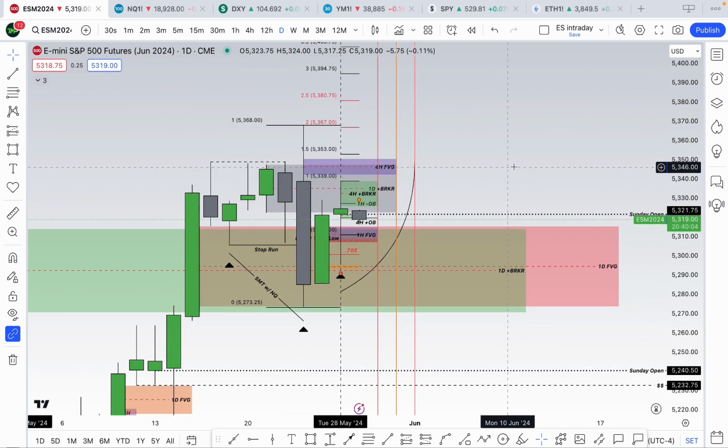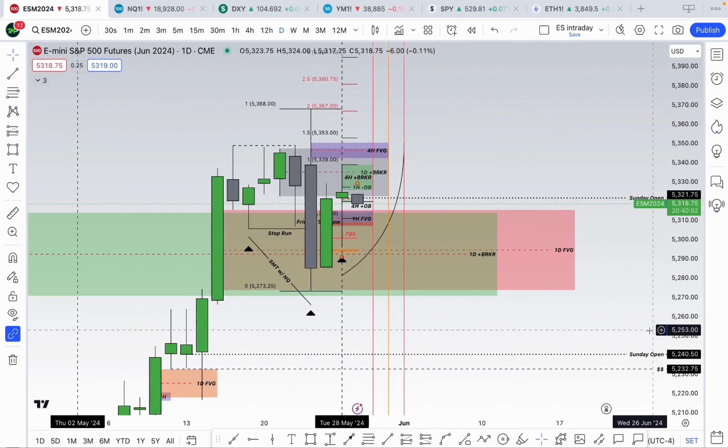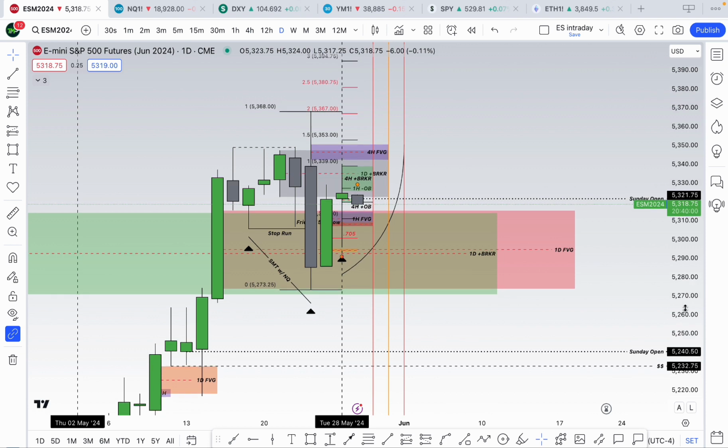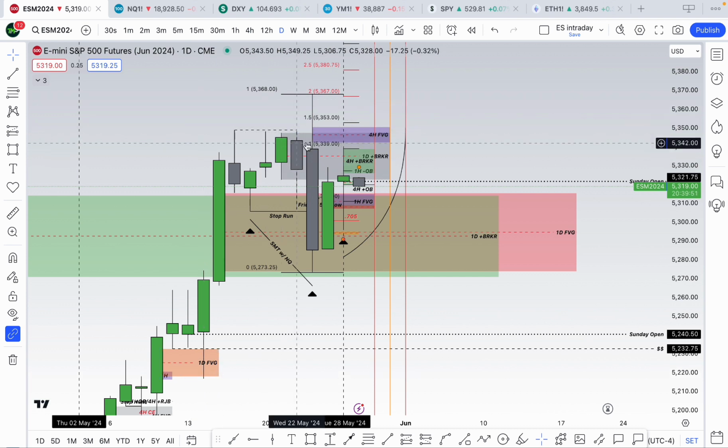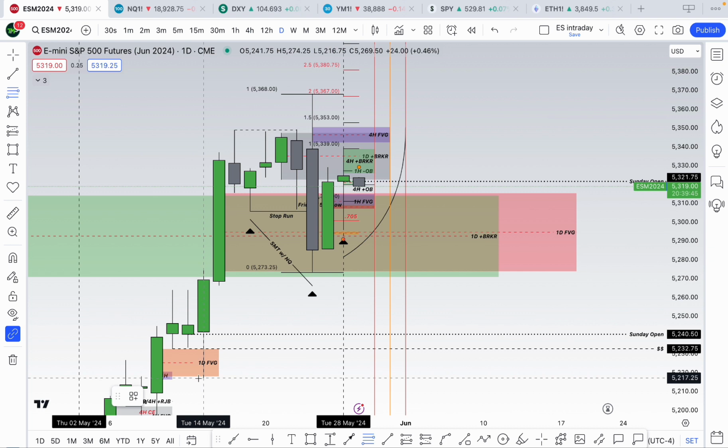And again, if we go back even further, if we're talking about internal range liquidity and external range liquidity, right? If we're going from, say, this price swing to this high, or we can do this high, say this candle didn't form yet, Thursday, May 23rd. We can put a projection on that.